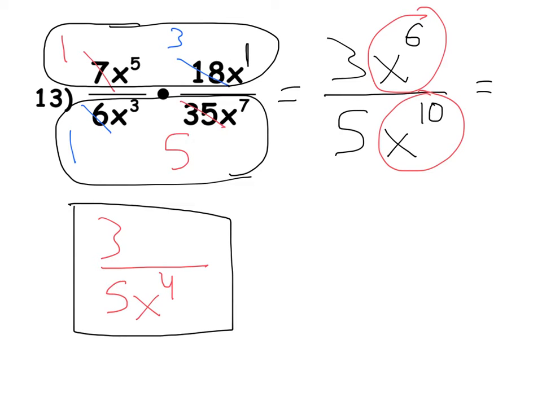So get rid of these coefficients that you can cancel. Multiply across, add the exponents. x cubed times x to the 7th gives me x to the 10th, and then we know how to deal with variables that are being divided. We subtract the exponents, ultimate respuesta in the bag.